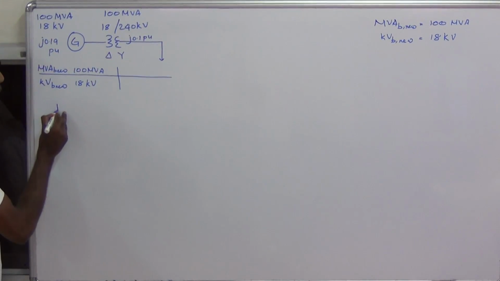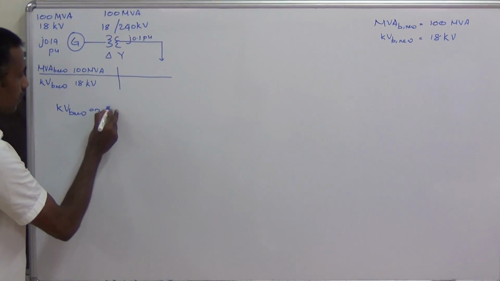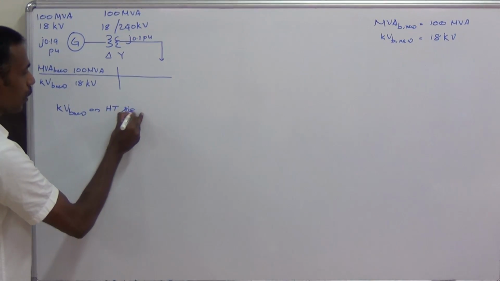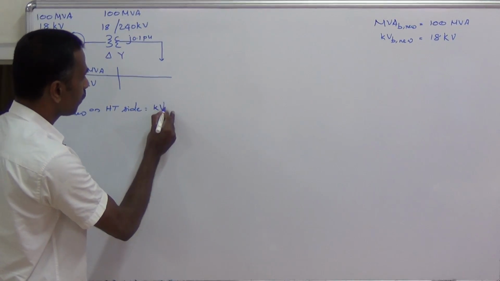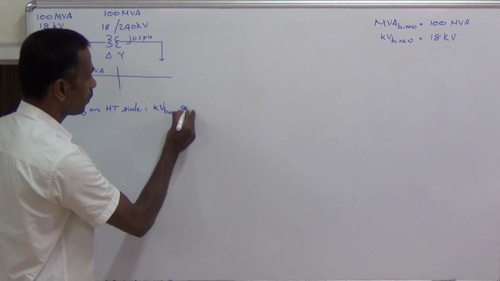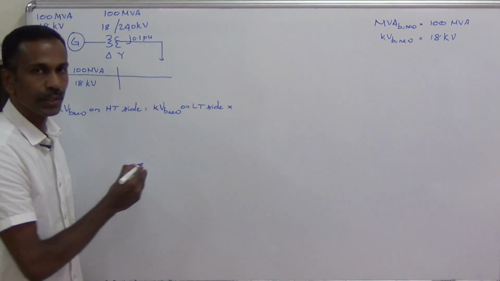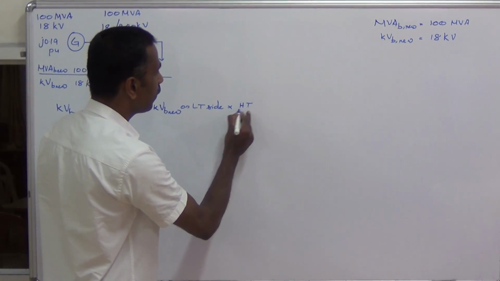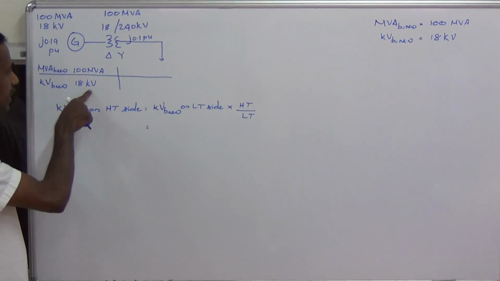The KV base new on the HT side is equal to the KV base new on the LT side times the transformer ratio, HT divided by LT. What is the KV base new on the LT side?